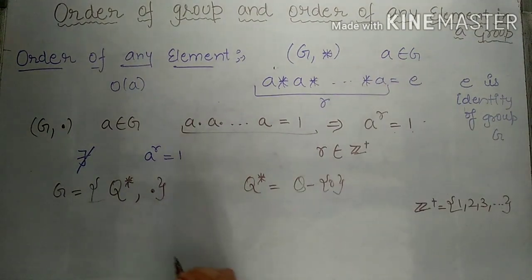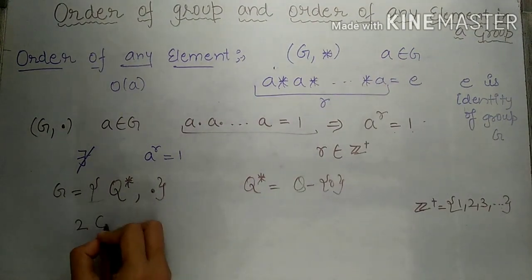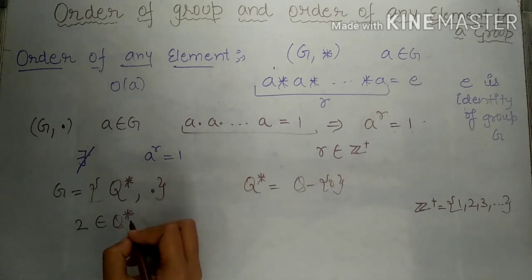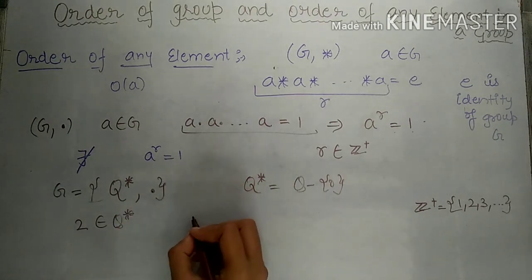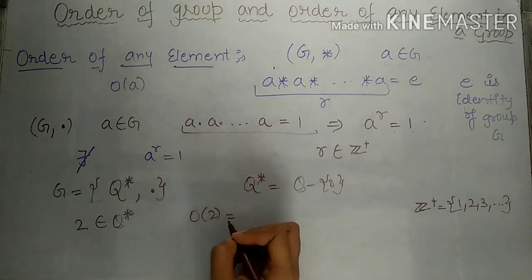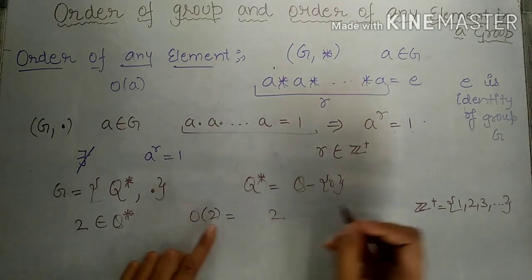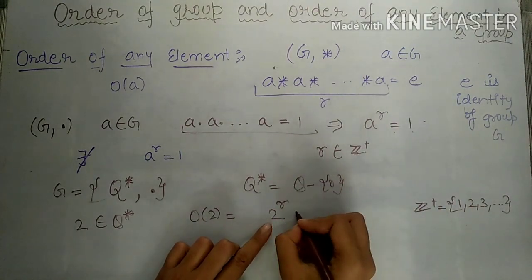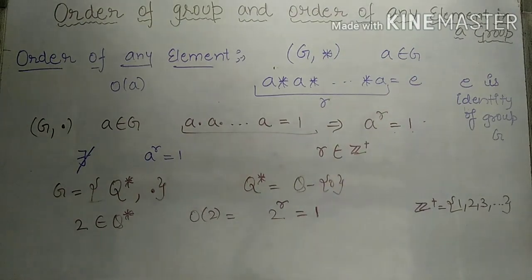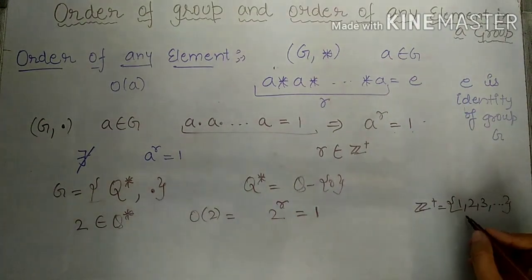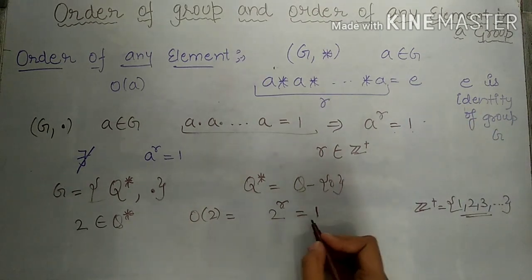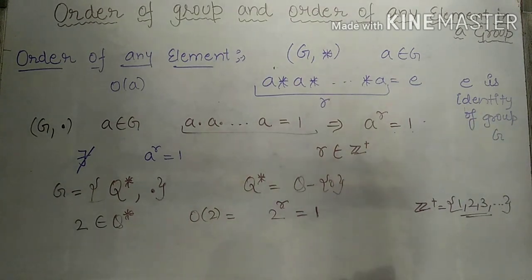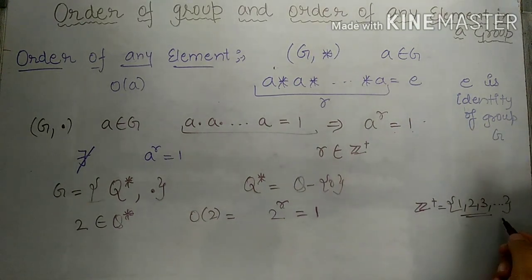Let's take another element, like if I take any element 2 from Q star, and let's understand what is the order of 2. The order of 2 will be what? The least positive integer r such that 2 raised to power r should be equal to 1. Friends, what value of r can you put from this set so that 2 raised to power r will be equal to 1? Does there exist any r? Check from this set.